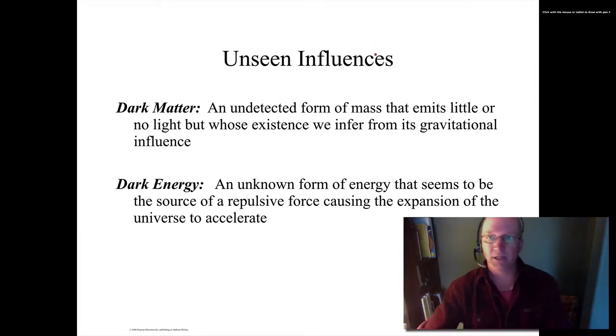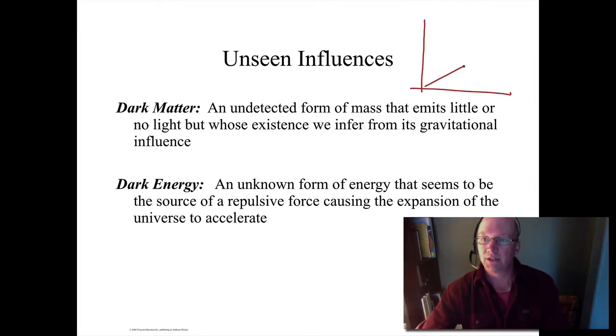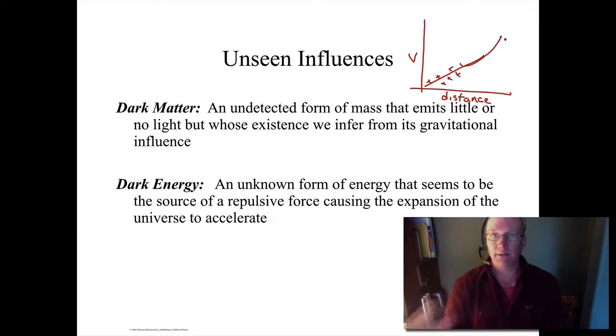You remember our Hubble expansion had a constant expansion, at least in the nearby universe, with distance of the velocities of galaxies. Right? So we measure these galaxies and they had velocities like this. Well, it turns out if you do very careful observations of distant galaxies, they're actually accelerating a little bit, right?